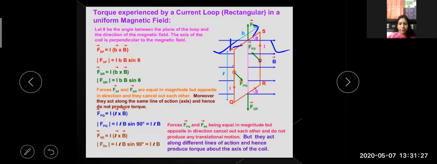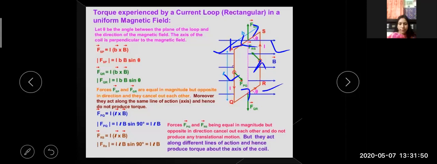And let I be the current flowing through the coil in the direction PQRS. The current flows something like this, right? And theta is the angle which the plane of the coil makes with the direction of the magnetic field. Here, theta is the angle.